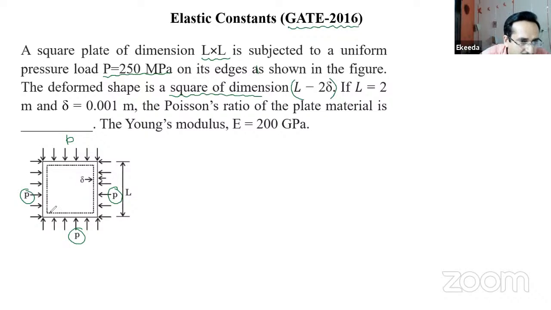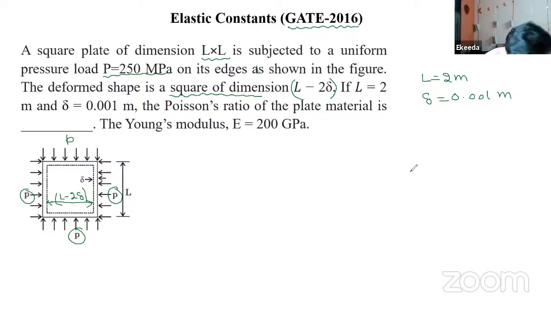So the dotted line has the side L minus 2 delta. The values are also given. L is given as 2 meters, and delta is given as 0.001 meter.